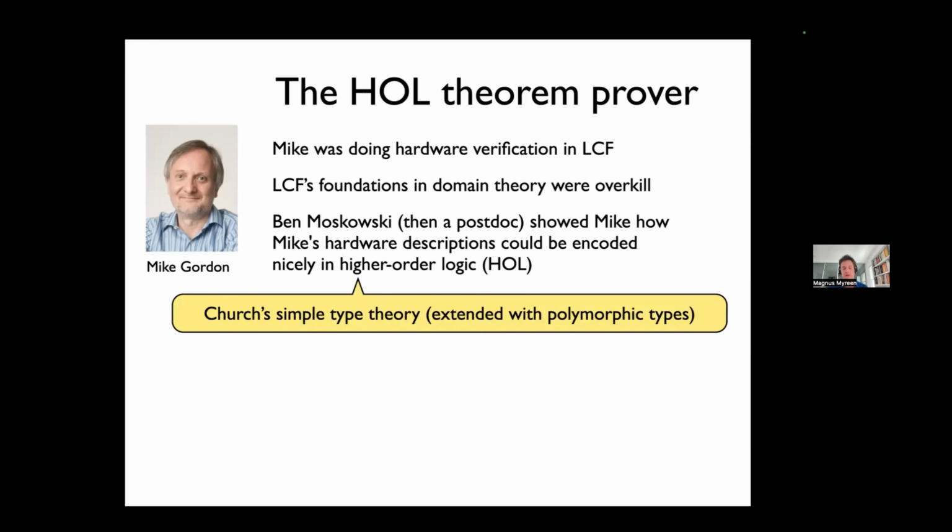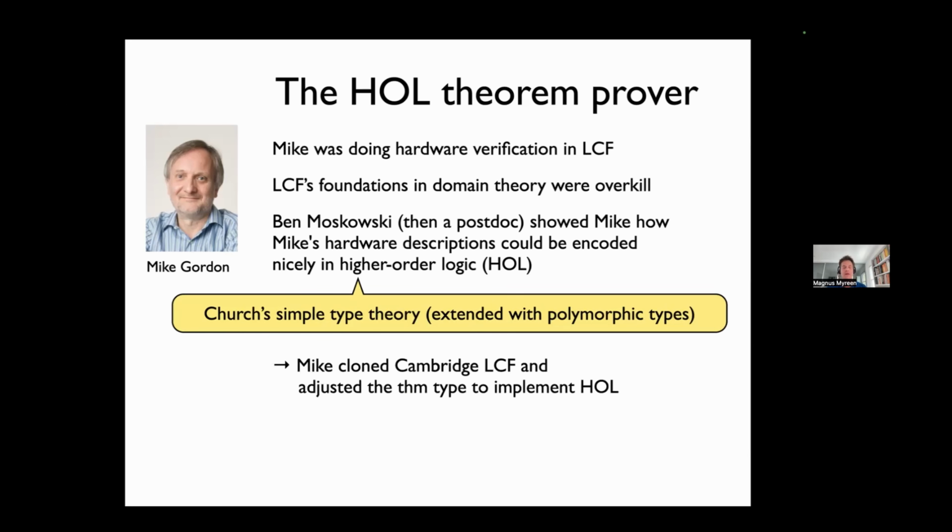So what is HOL? HOL is Church's simple type theory extended with polymorphic types. That is what higher order logic is. It's just lambda calculus with a simple type theory on top. It is a logic, so you can do all sorts of things in it.